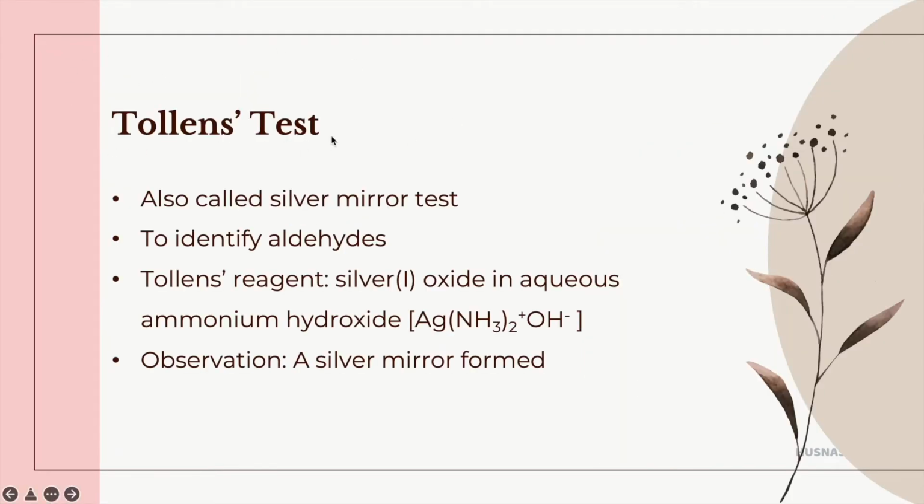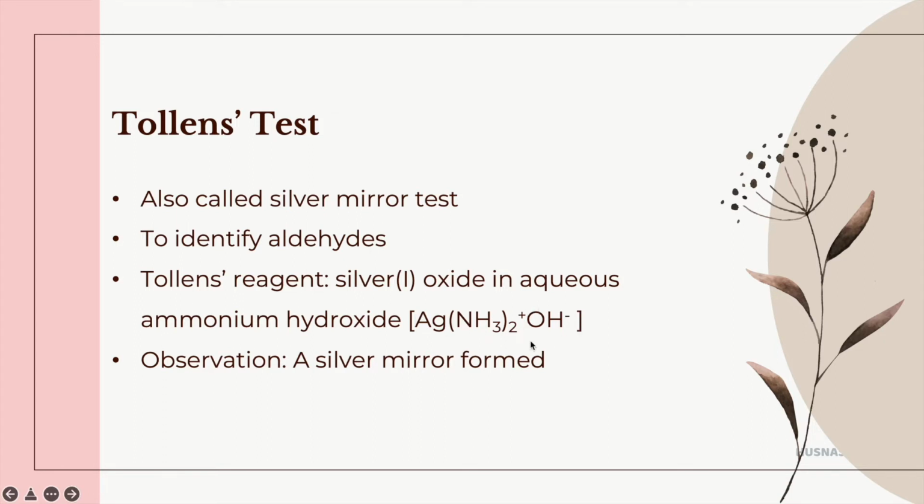Next is Tollens' test. Tollens' test is also called the silver mirror test. This test is used to identify aldehydes only. It cannot identify ketone. The Tollens' reagent that we use is silver(I) oxide in aqueous ammonium hydroxide.